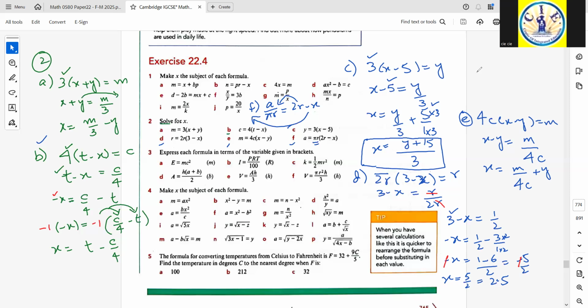So I think the first option would be better. So what I'm going to do is shift this negative x to this side to make it positive x plus a divided by pi r is equal to 2r, and then finally shifting this to the other side, x will be equal to 2r minus a divided by pi r. So that is its answer. So we have solved for the variable x.